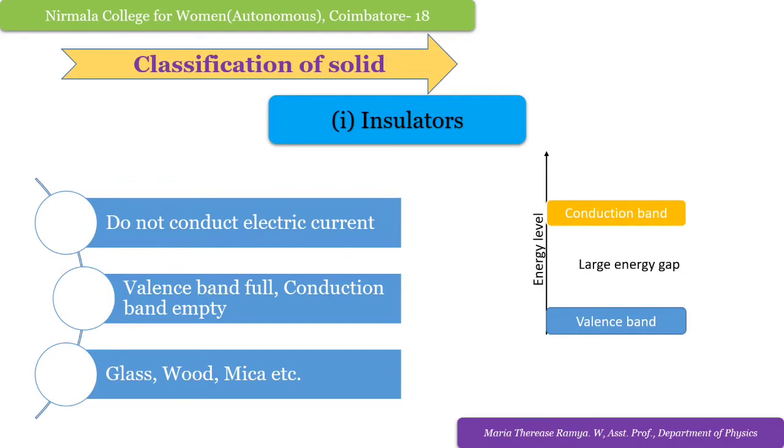That type of material is called an insulator. The characteristics of the insulator go like this. It does not conduct electric current. The valence band is full, whereas the conduction band is empty. The best examples for insulators are glass, wood, mica, etc.